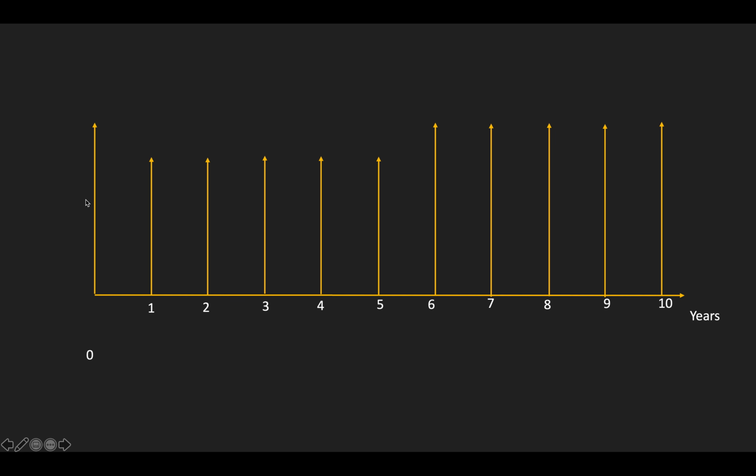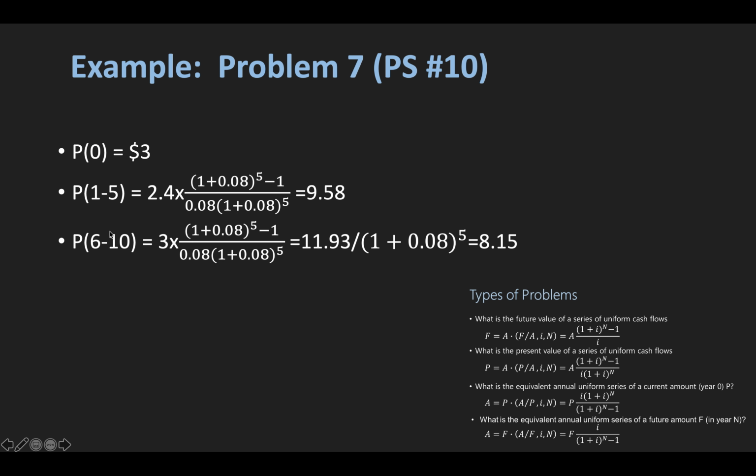We're going to see that example for the last part, which is from year 6 to year 10. For year 6 to year 10, we know A is $3 million. We know the time period, which is 5 years.